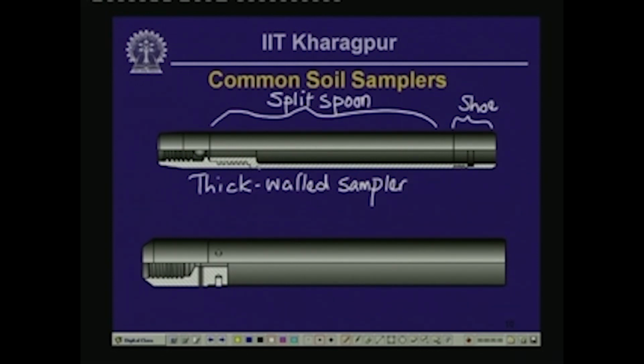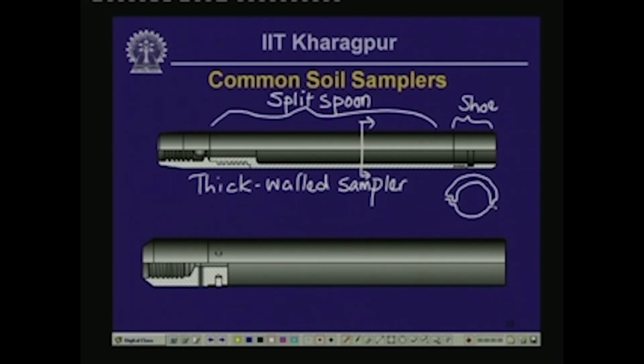This particular part is composed of two different segments. So, if we take a section there, then it is going to look like this. It is composed of two hemispherical segments.